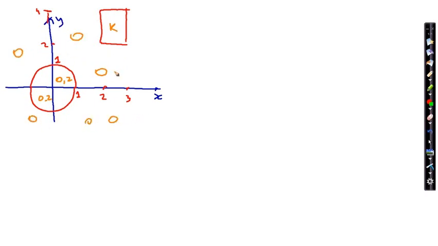So let me try to visualize this in three-dimensional case. What I need to do is cut this unit disk and raise it to height 0.2. I need to cut this rectangle and raise it to height k and leave all other points on the xy plane. So a three-dimensional version of this is the following.